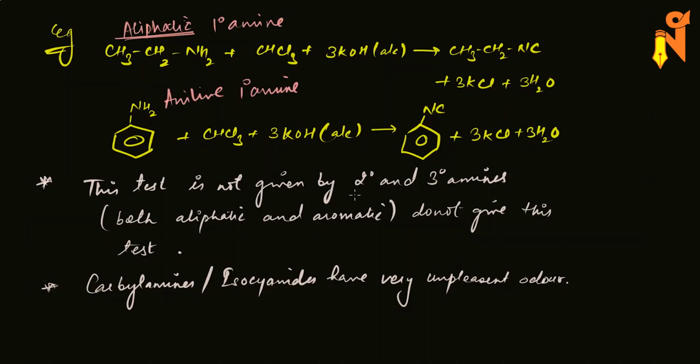This test is clearly not given by secondary and tertiary amines. The test is about the foul smelling compound. You will not see any color change or any other observation. This is very simple, but a very important reaction. From the board point of view also, they directly ask you this named reaction from the nitrogen containing compounds chapter. Very, very important reaction it is.